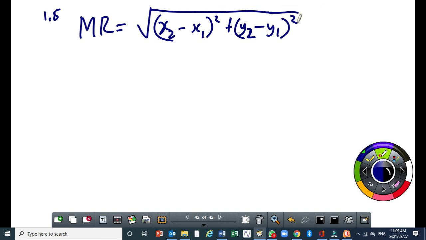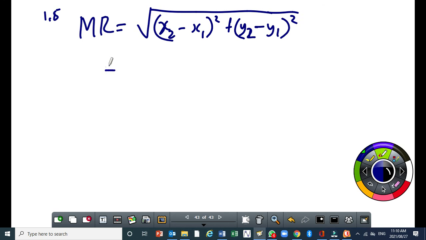The equation is still right if you put the y's in the first bracket and the x's in the second. As long as you put everything in the brackets in this position, you get the same result.